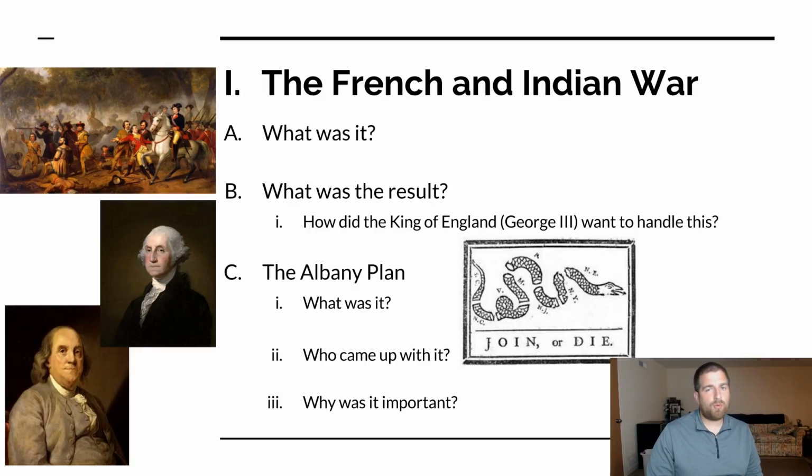This plan was created by Benjamin Franklin, and although the plan is rejected, it is still important. And it's important because it laid the framework for how the colonies might function as one if they were ever to join together. Obviously, that's going to become pretty important here in the near future. So it gives a plan for how a united colonies would work.